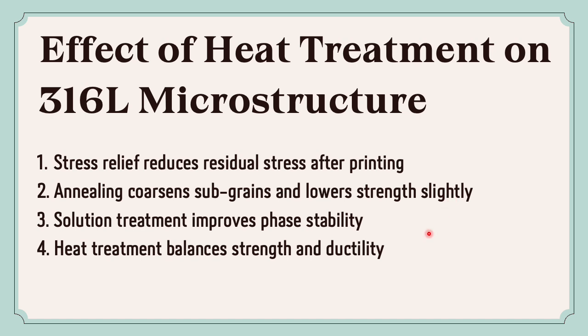Third, solution treatment helps stabilize the austenitic phase and improves the phase stability. Overall, heat treatment is important because it helps balance stress, ductility, and structural stability, resulting in more reliable material performance.